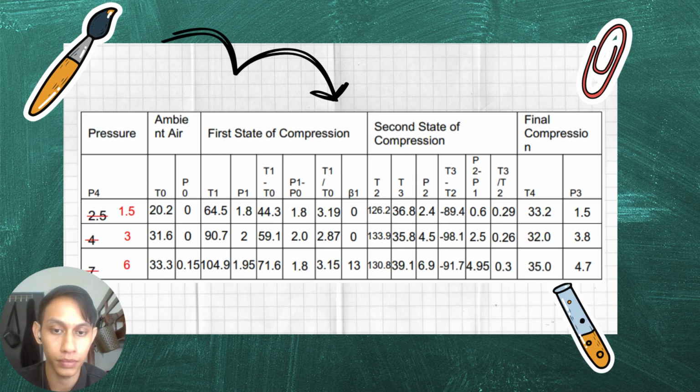After that, we recorded the data for the first stage of compression after 10 minutes. And 5 minutes after that, we got the second stage of compression. And lastly, we obtained the data for the final compression. On to the next slide to see the rest of the table.